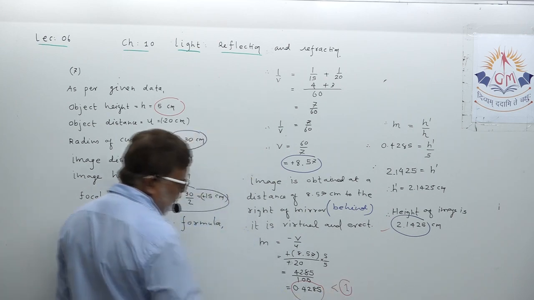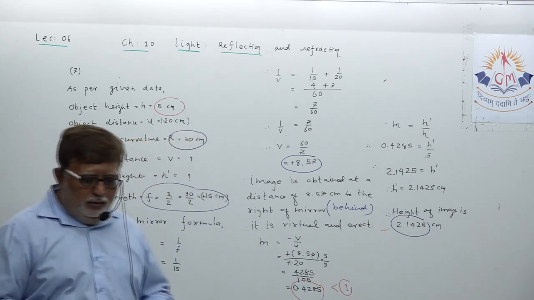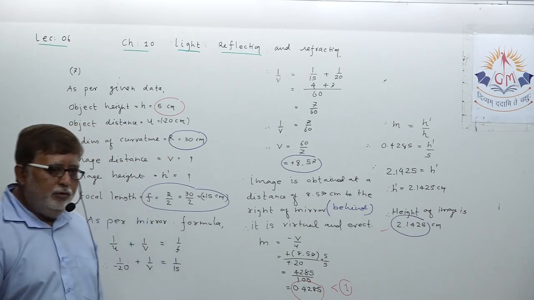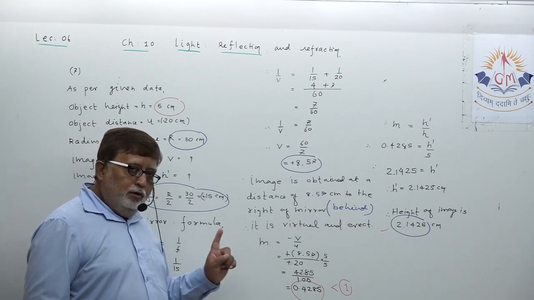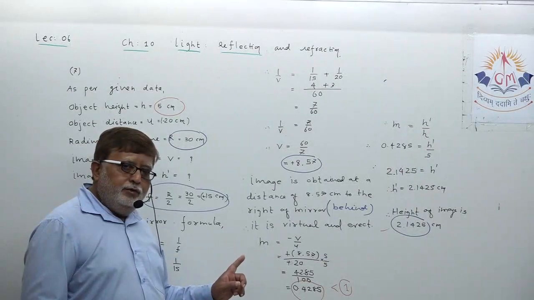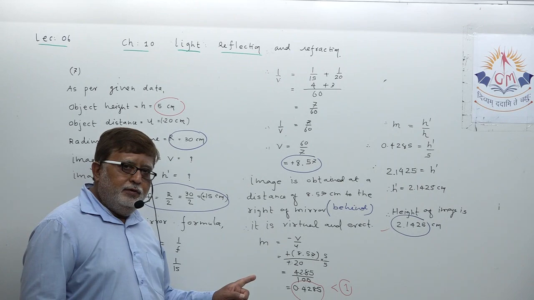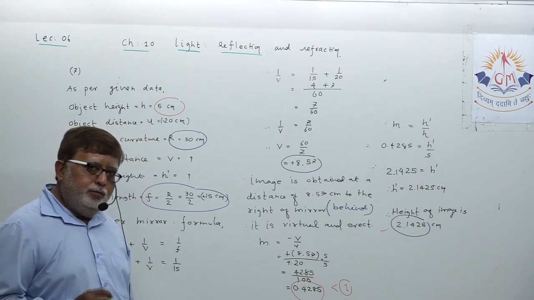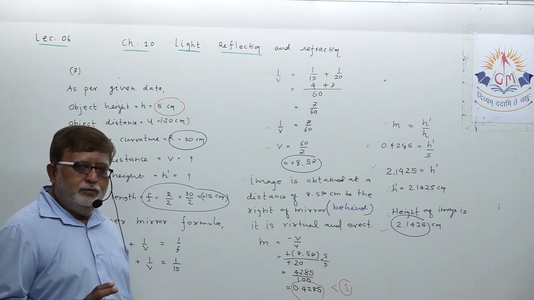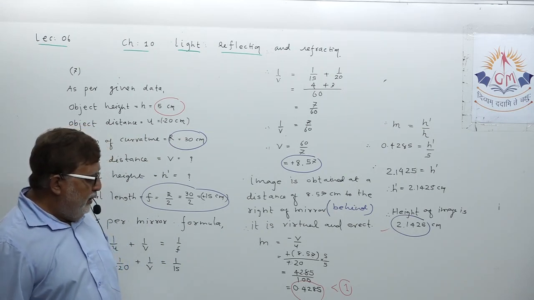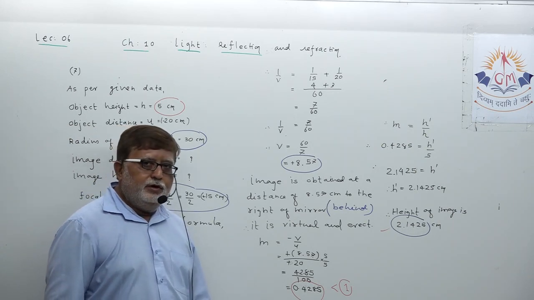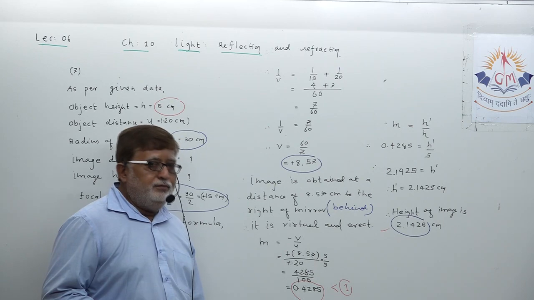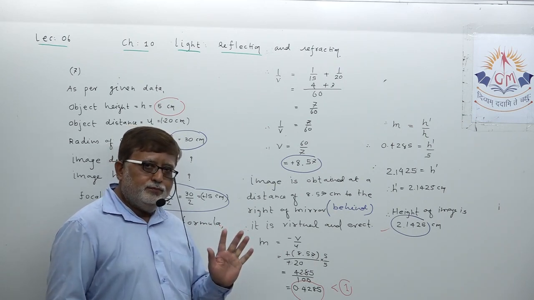Mind this very well. Why? So that we will discuss just now when we will discuss some of the MCQs. Always m will be positive and less than 1 because image is going to be smaller always. Understand? So that's why value of magnification you will always get less than 1 and positive.